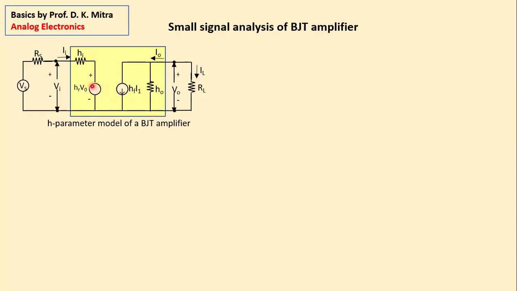This is a reverse voltage generated between the base terminal and the emitter terminal. Let's say this is a common emitter mode. This is a reverse voltage which applies here between the base and emitter, and its value is HR V0. This is HR, it has got a particular name.